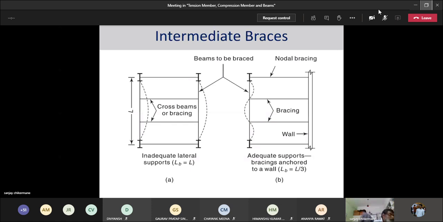Now the concept is that, like when we talked about lace columns, we had a column, and you ended up getting some kind of a lacing system, which made the system act as a composite whole. And it also ended up giving you an effective L by R, where R was now the generalized cross section.